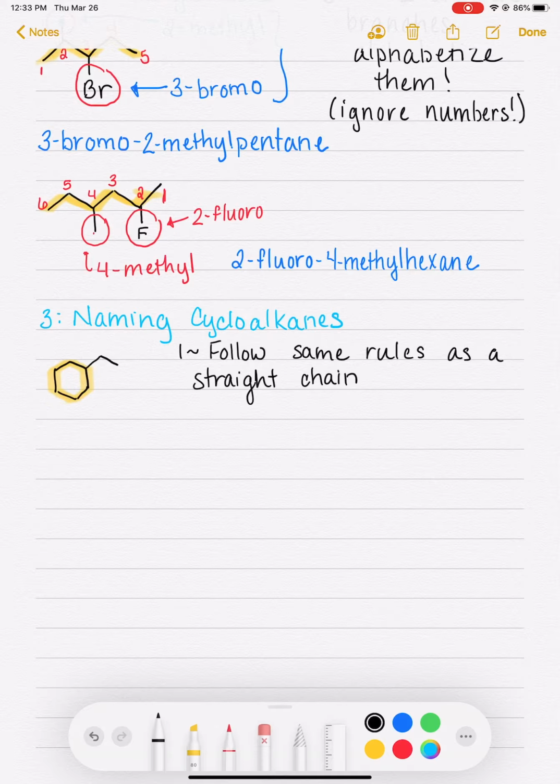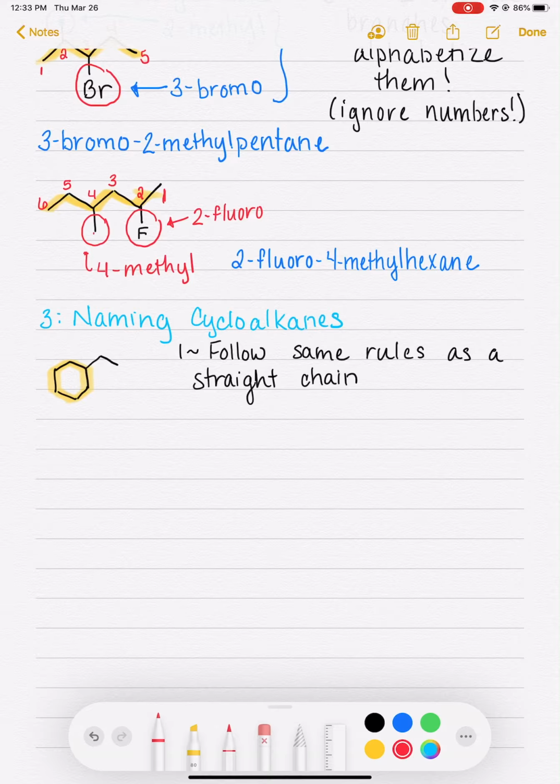And the second thing that we do is number that continuous chain starting at the end closest to the substituent or the branch. Now that's kind of confusing with the cycloalkane because it doesn't have an end. It's a ring. It doesn't have a beginning and it doesn't have an end.